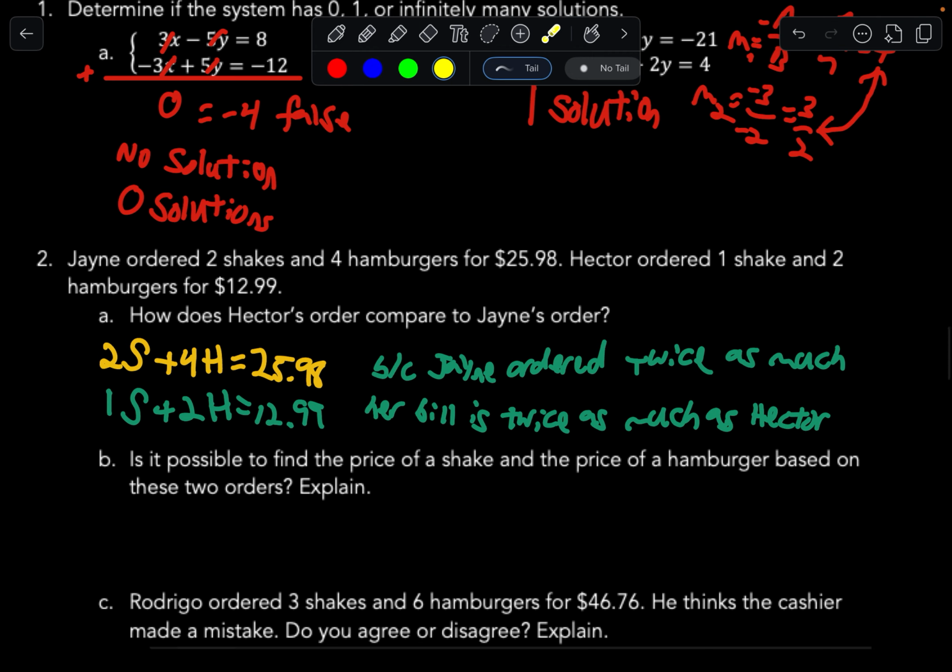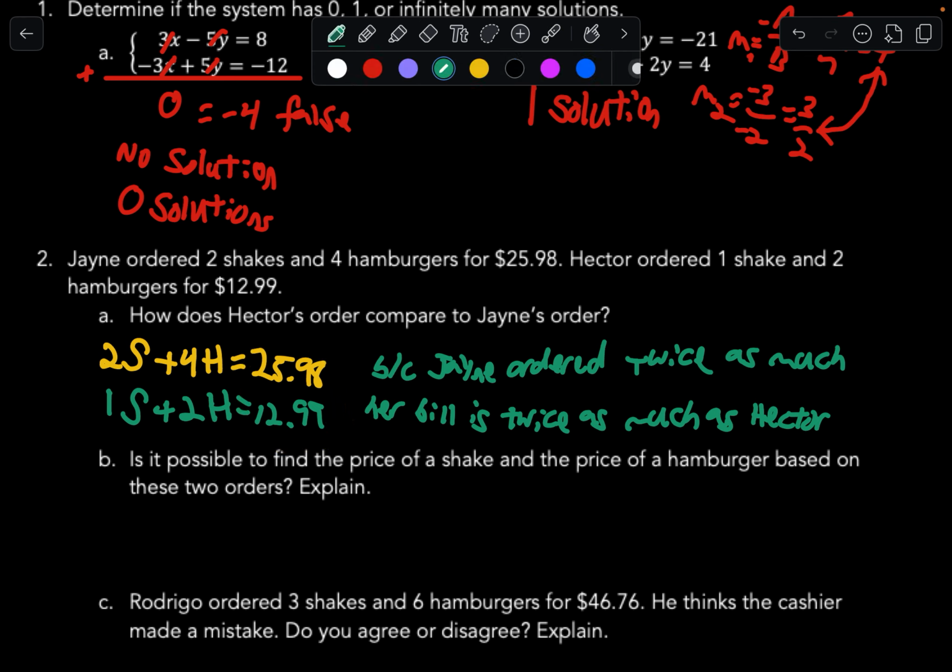Is it possible to find the price of a shake and the price of a hamburger based on these 2 orders? No. The left side indicates that the 2 lines are parallel. They'll have the same slope, right? Because they're just scaled by a number 2. And the right side's also scaled by 2, so it's the same equation.